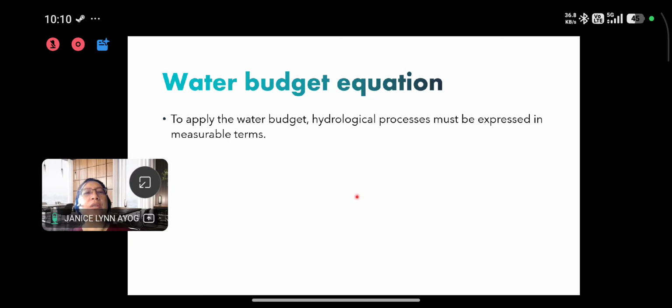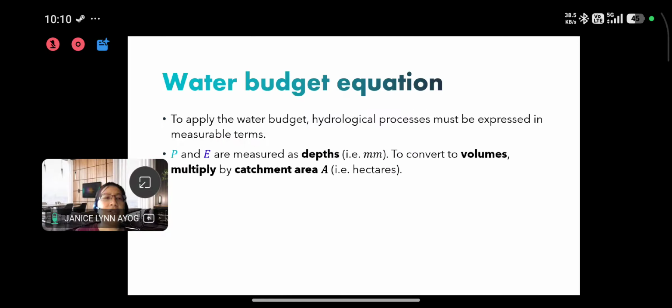Now, to apply the water budget equation, hydrological processes must be expressed in measurable terms. Precipitation and evaporation are measured as depths, in mm or cm. But when we first touched on the water budget equation, it deals with volumes.